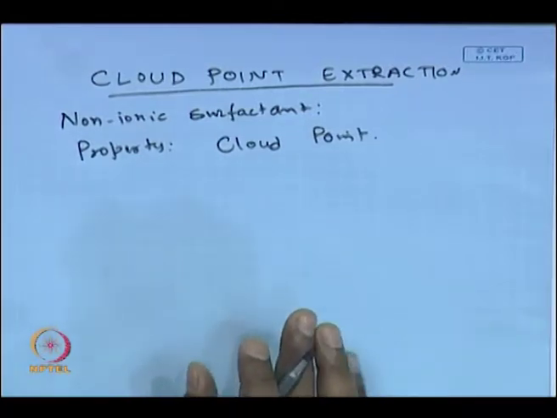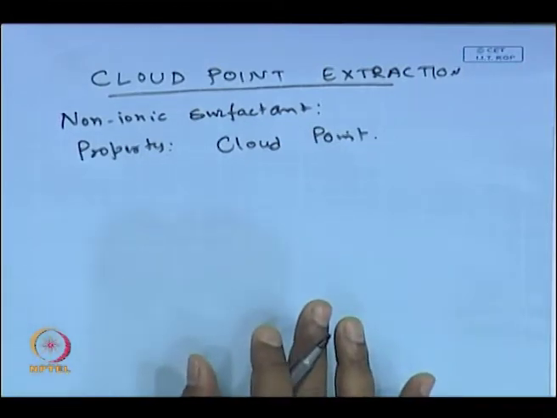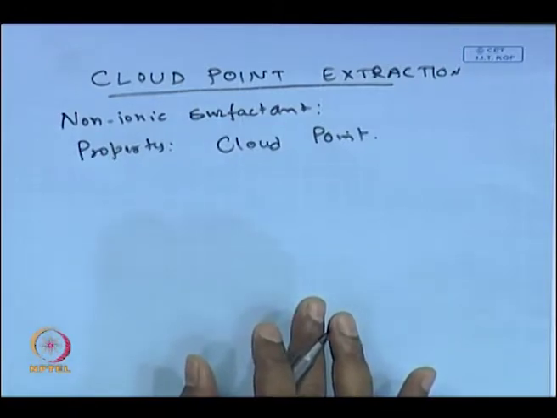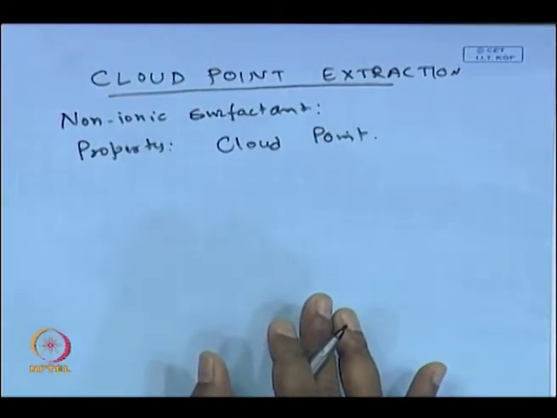Okay. Now, if you have an aqueous solution of non-ionic surfactant, and if you keep on increasing the temperature of the system, then beyond a particular temperature there occurs a phase separation. What is that phase separation? All of the surfactant molecules will combine into one phase. Okay, it is a thick phase, and the other phase is basically an aqueous solution.